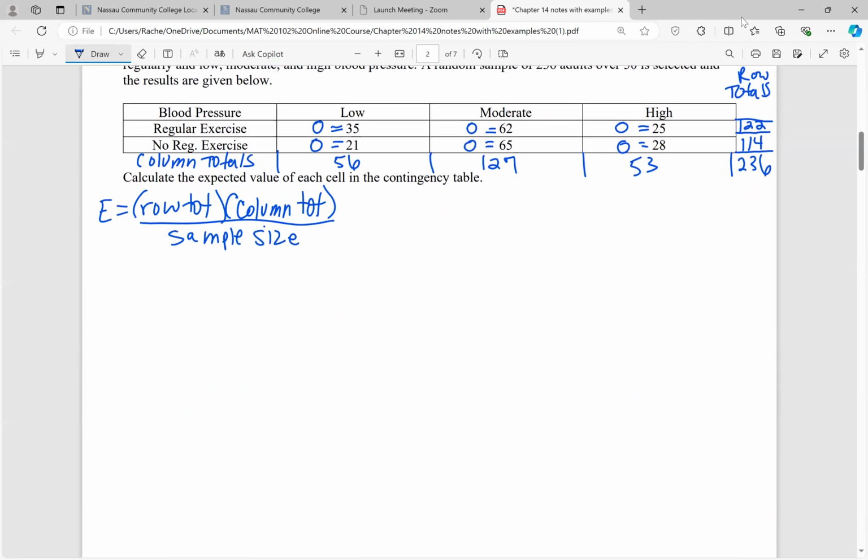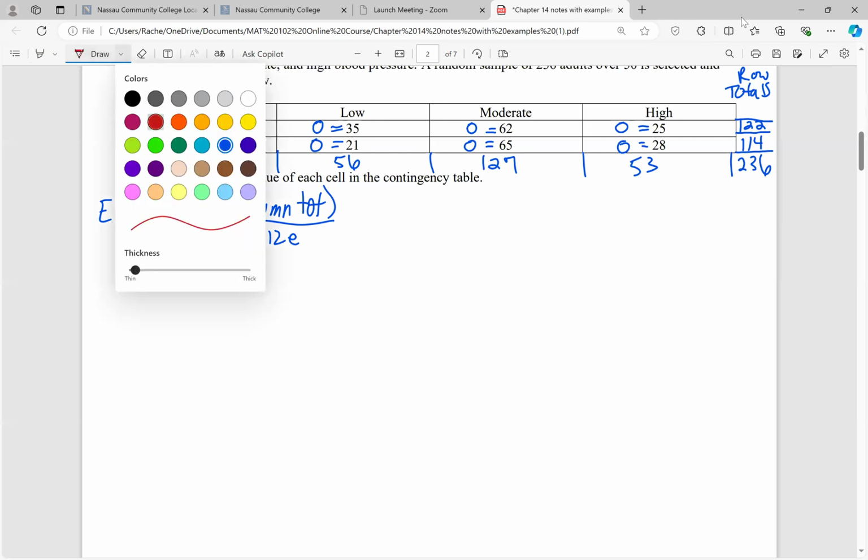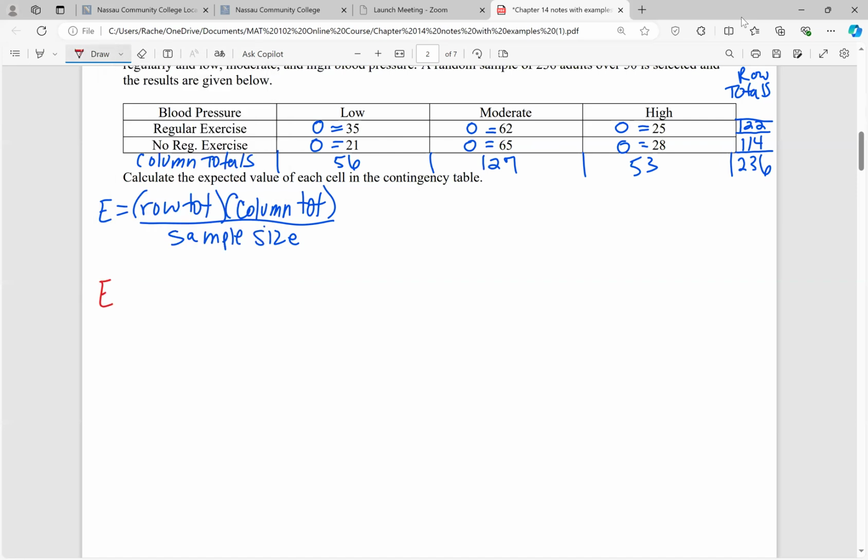So for example, let's get the expected value for this first cell that I just starred. And I'll do these in red, so they're different colors. I'm going to calculate the expected value for this cell right now.